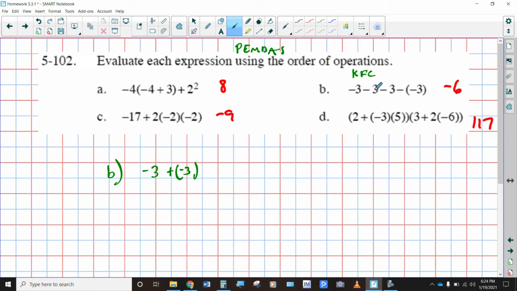Now we're going to keep that and add another -3. And now we're going to keep that, and add the opposite of -3, which is a +3. So 3 -3s being added together is -9. Then at the end, we add a +3, so that ends up giving you -6 for an answer.